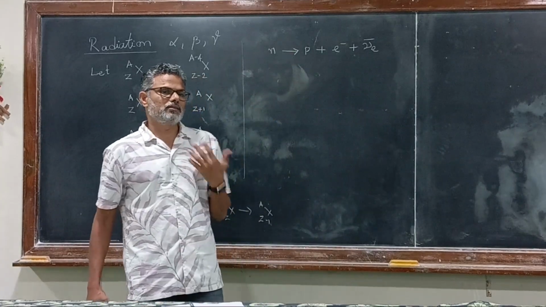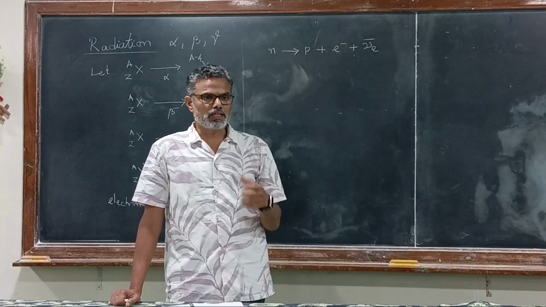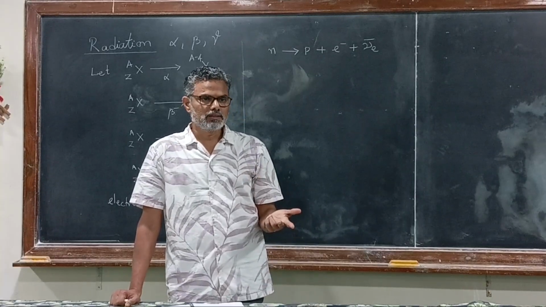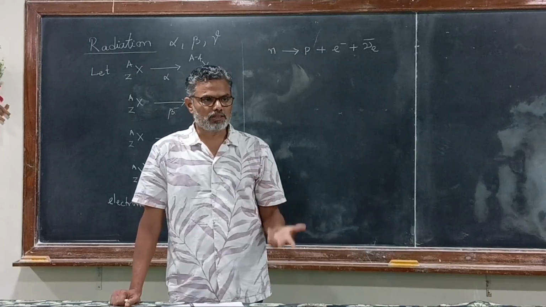It is based on what kind of interaction it is. There are 4 types of interactions. One is the strong interaction, then weak interaction, and electromagnetic. So these are the major 3 interactions.